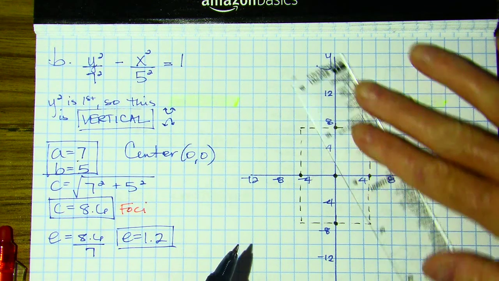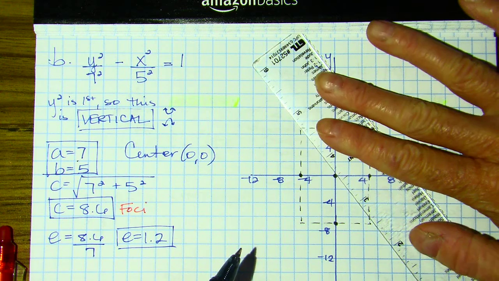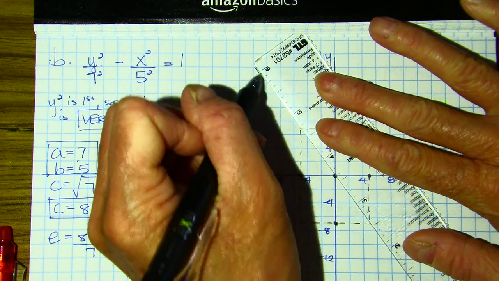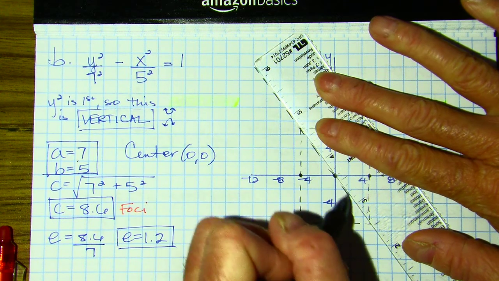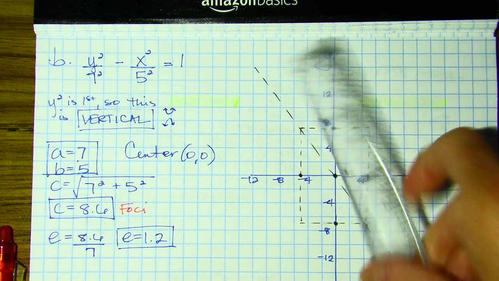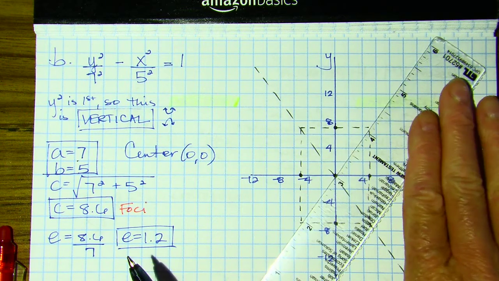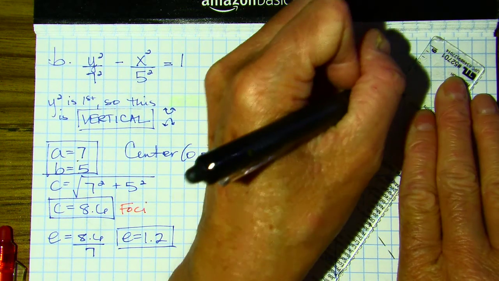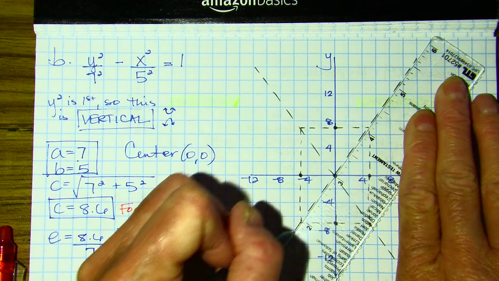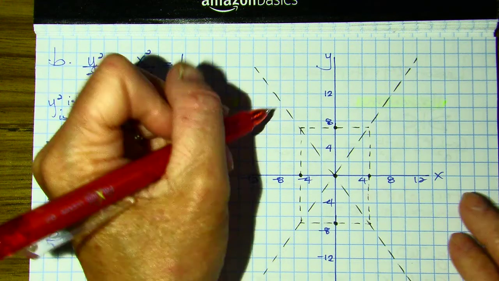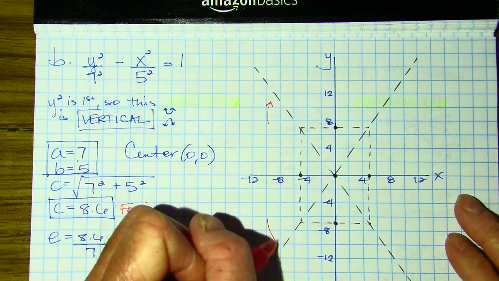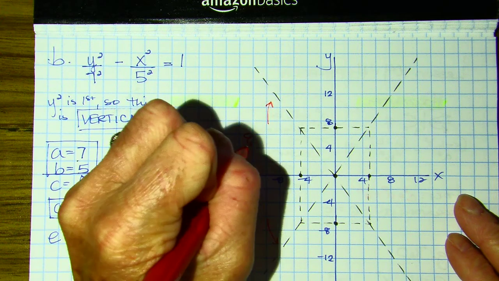And I'm going to connect the corners. All right, so remember, these are our asymptotes. That and this are our asymptotes.